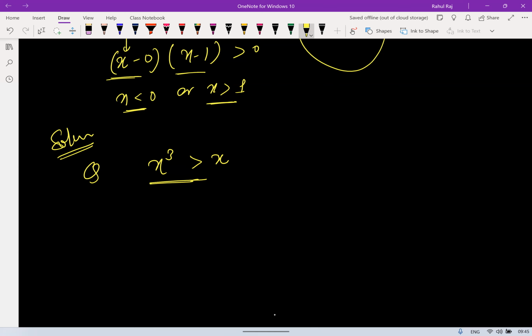Are you back? Yes, Alexa. Did you get something? So this x cube is greater than x. If you break it down and do it the way we did the last one, you get x minus 0 by x square minus 1 is greater than 0.